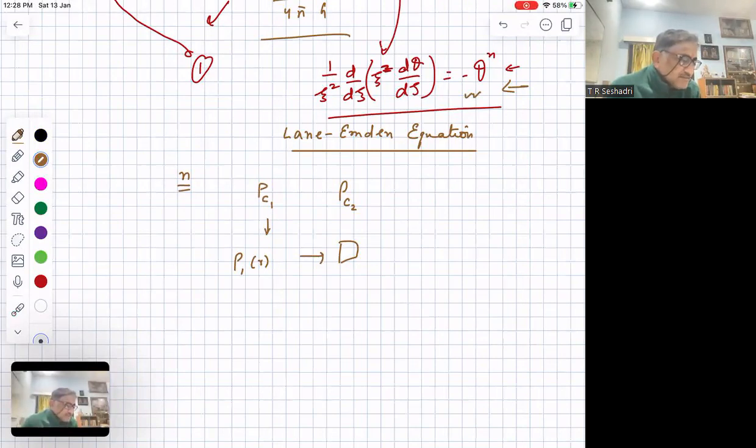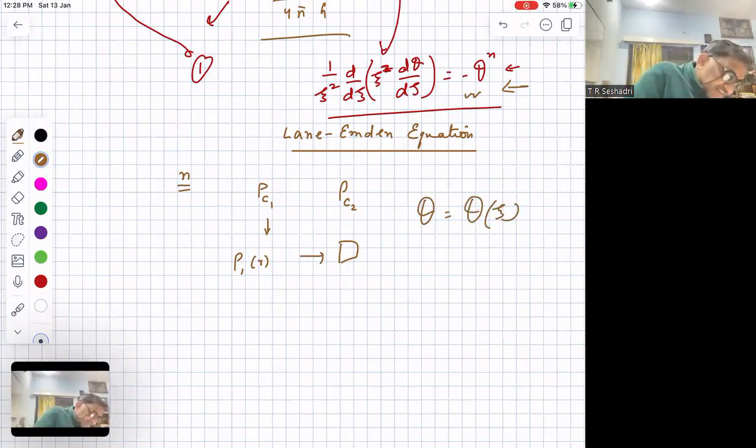So suppose, for example, I get the solution for this as some theta as a function of xi. Now, what does this mean? This means rho to the power 1 by n is equal to rho c to the power 1 by n times r divided by alpha.